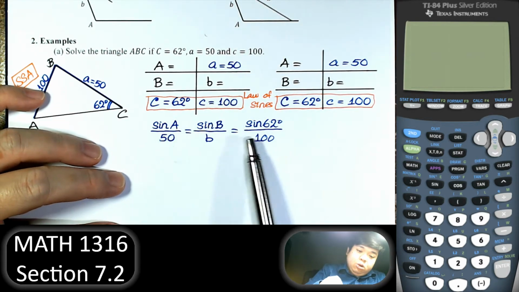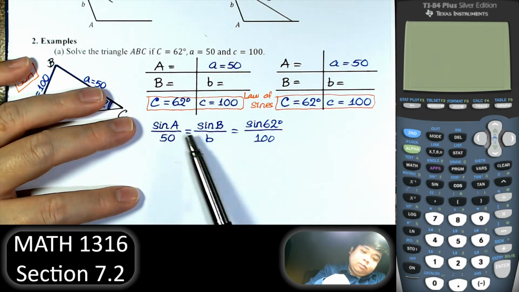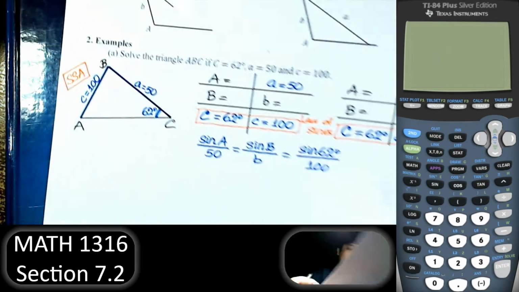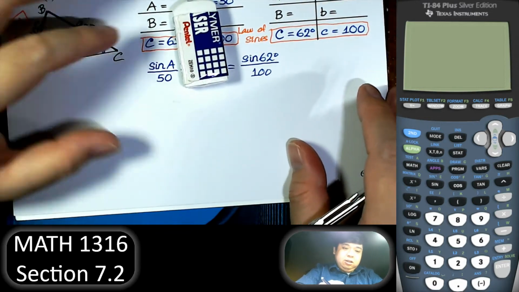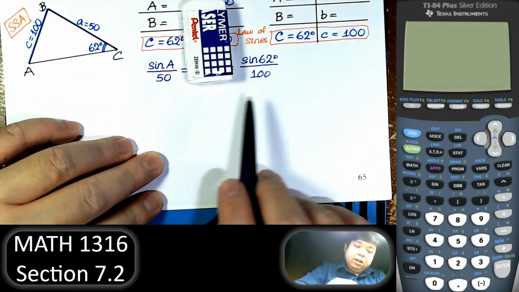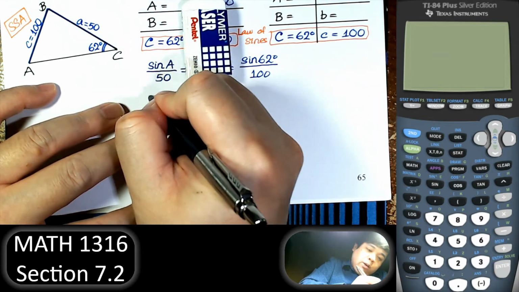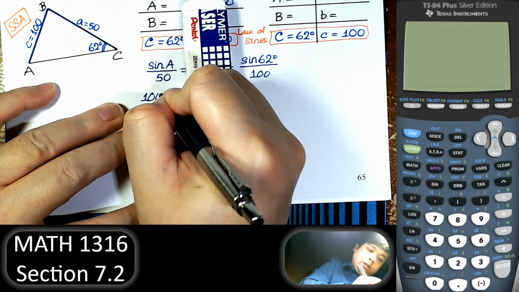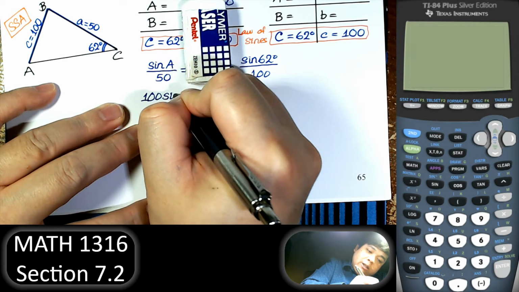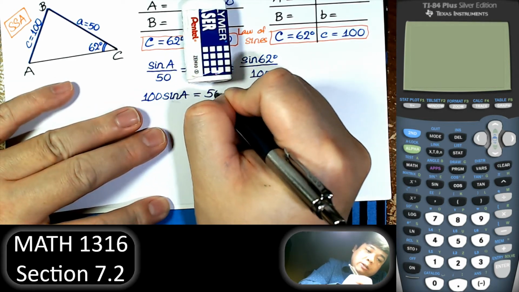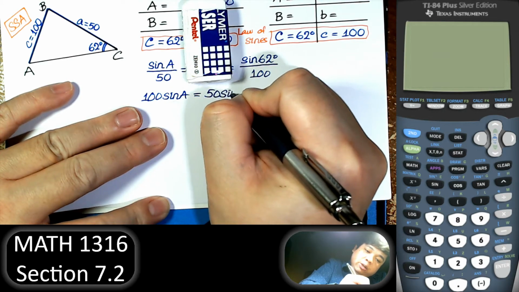So cross multiply, not using that one. Cross multiply in here: 100 sine A equals 50 sine of 62 degrees.